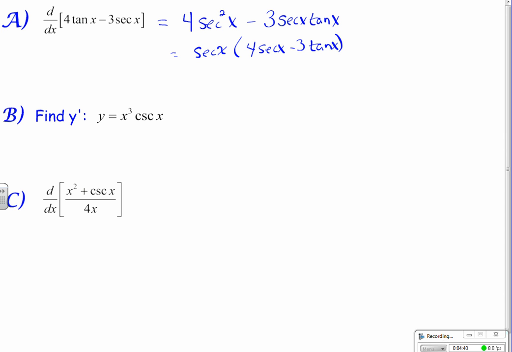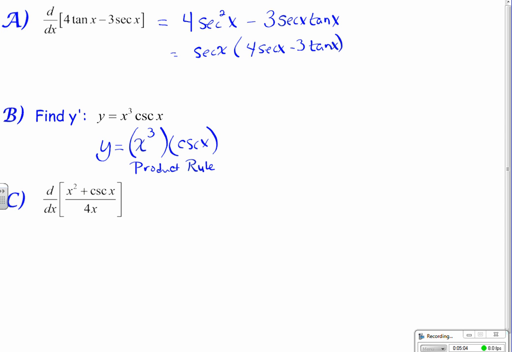Letter B, let's find the derivative of this. If I just said this to myself and read the function, it says y equals x cubed times cosecant x. Notice we said the word times. This requires the product rule. I have 2 functions multiplying by each other.